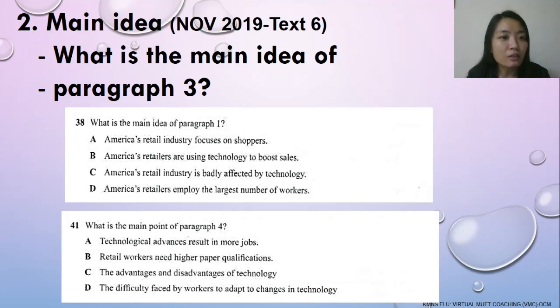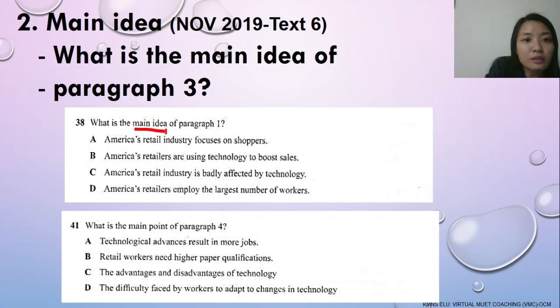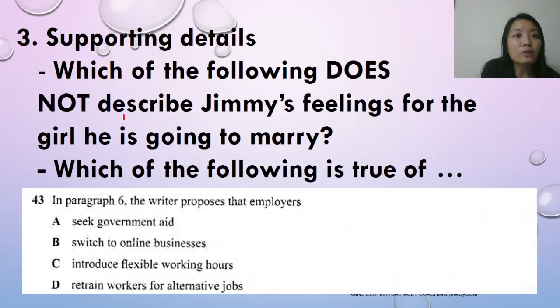So question 38 is asking what is the main idea of paragraph 1. Question 41 asks about what is the main point of paragraph 4. So again, you see both of these are asking about main ideas, and this is only from text 6 in the November 2019 paper. And then sometimes they will like to ask you about supporting details as well. For example, in the example I gave you earlier, which of the following does not describe?